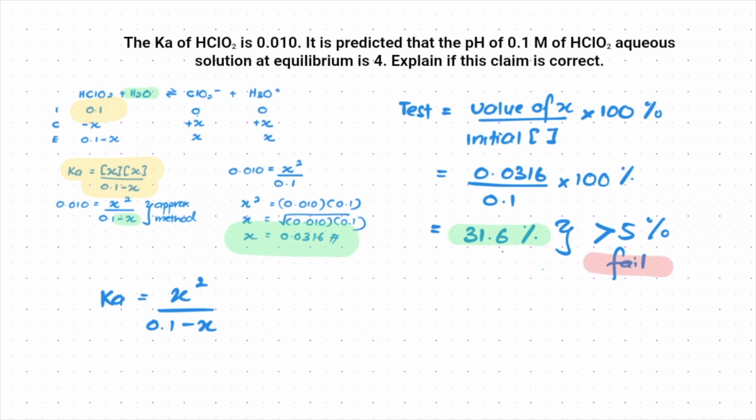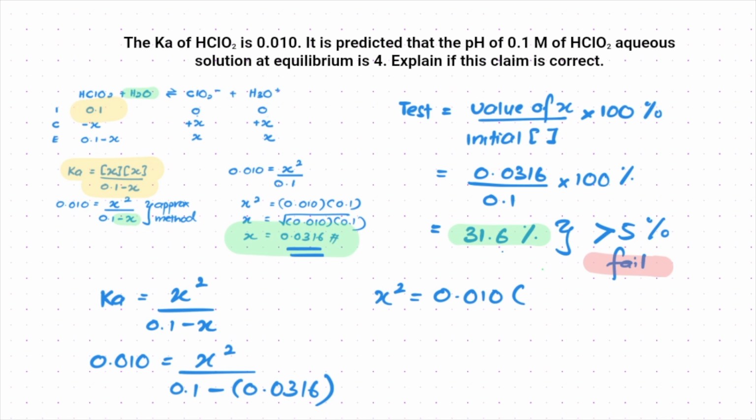Given in the question, the value of Ka is 0.010. So X squared is divided by 0.1 minus the value of X, 0.0316. Therefore, we should be able to get the new value of X. So X squared is equivalent to 0.010 times 0.1 minus 0.0316.